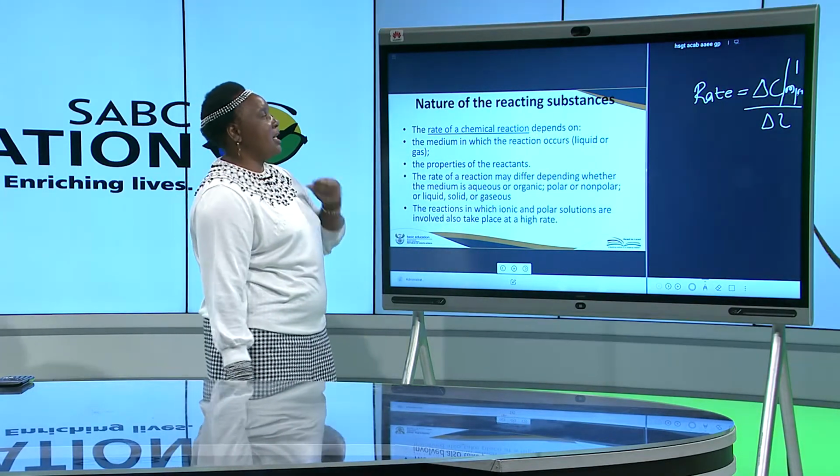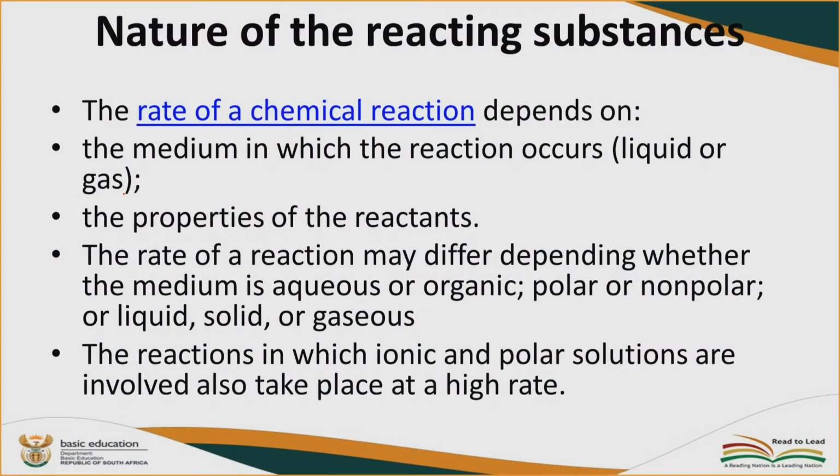The rate of the chemical reaction depends on the medium in which the reaction occurs. You have done the states of matter in grade 10, where you have done the solid, the liquid, and the gases. So the rate of chemical reaction depends on the states of matter. What does that mean?